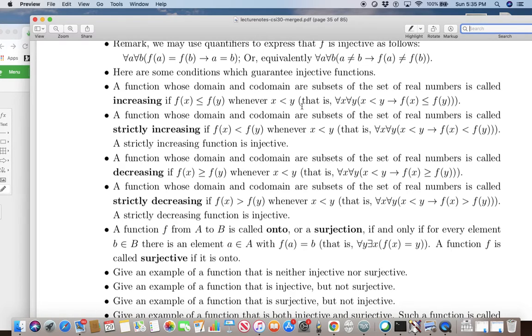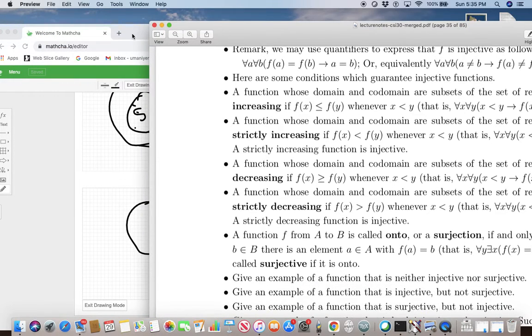That is, for every x and for every y, x less than y implies f(x) is less than or equal to f(y), we call such a function increasing. Likewise, what is strictly increasing? Whenever x is less than y, we must have f(x) is less than f(y). So that is strictly increasing.